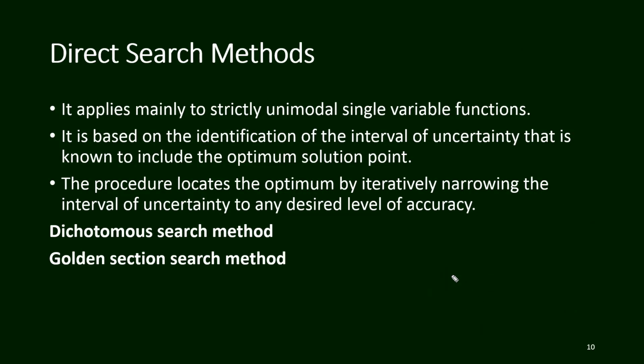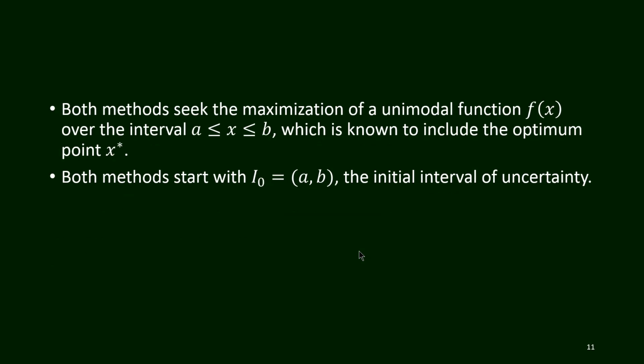So let us talk about the method itself. Here it is written that both the methods seek the maximization of a unimodal function f(x) over the interval a and b.